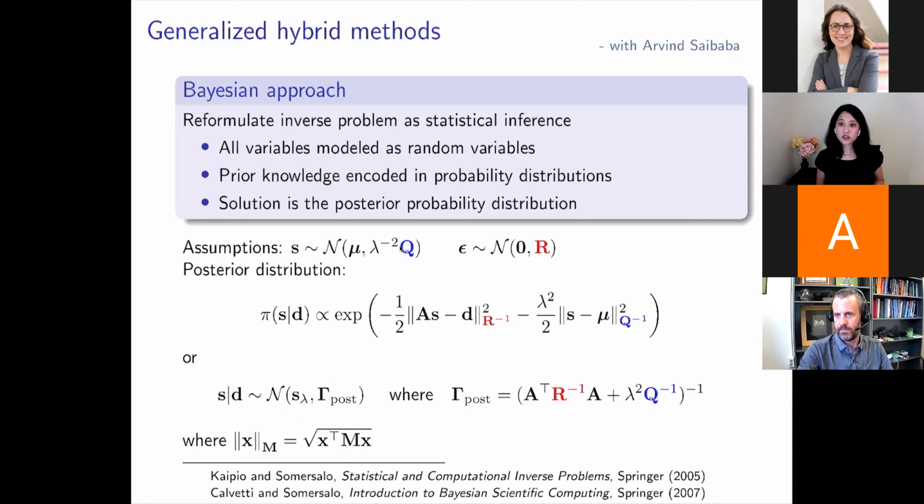Imagine if the number of unknowns that you're dealing with is about 7 million. Then this Q matrix is 7 million by 7 million, so computing that inverse or even a factorization might be computationally prohibitive. So we're looking at how we can extend the concept of hybrid methods to deal with this scenario.